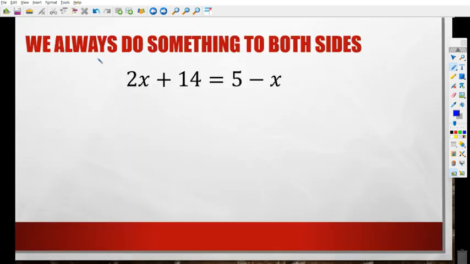If we look at our first example here, can you see I've got a left hand side and I've got a right hand side. I've got x's and I've got numbers. The linear part, when it says linear equations, linear just means that x is to the power of 1.